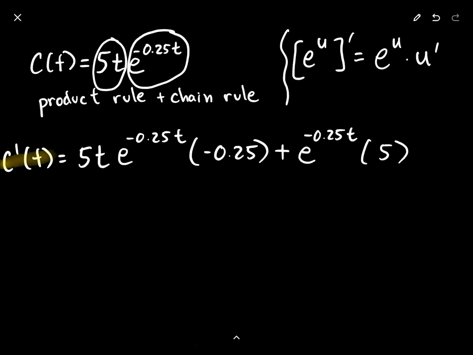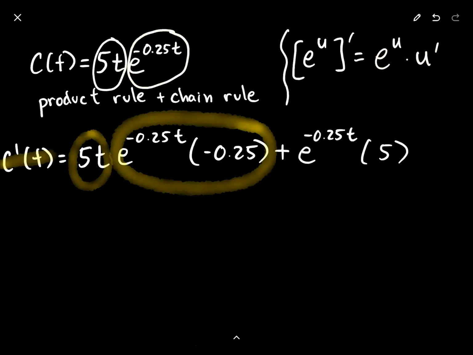So for c'(t), we have a copy of the first, 5t. Then we have the derivative of e^u, which is e^u times u'. So the derivative of e^(-0.25t) is e^(-0.25t) times the derivative of -0.25t, which is -0.25.